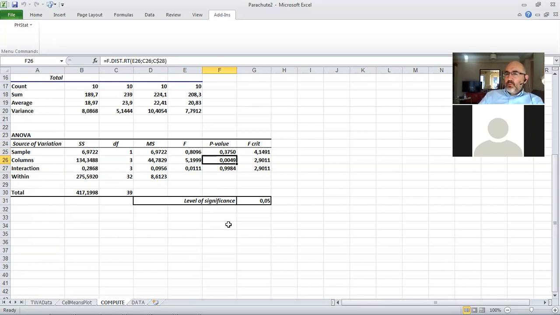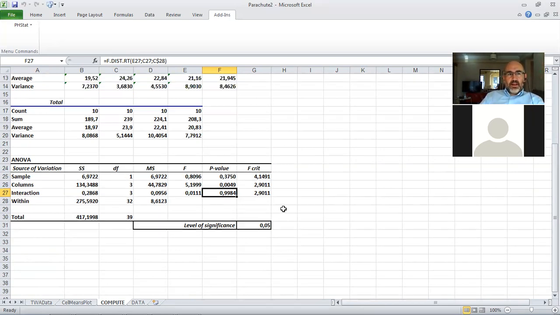Remember our first example, parachute supplier had an effect. And also here we see the type of supplier has an effect on the strength, rejected at 0.05. What about interaction? And we see interaction is not present. Okay, so here again, the supplier is important, but not the type of loom being used.